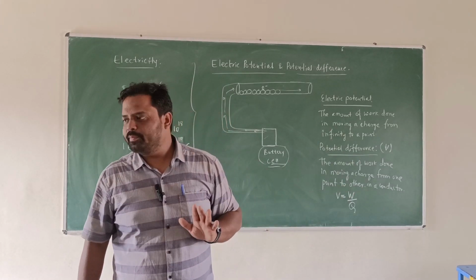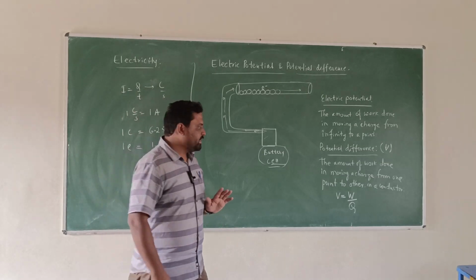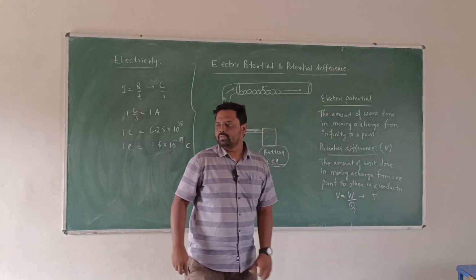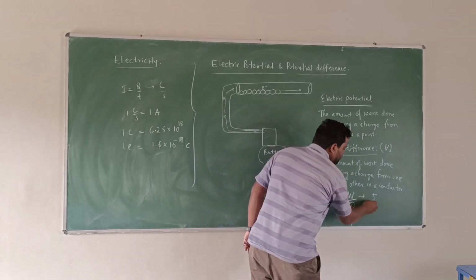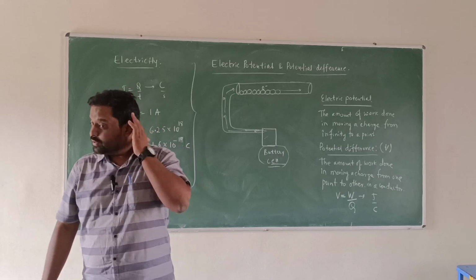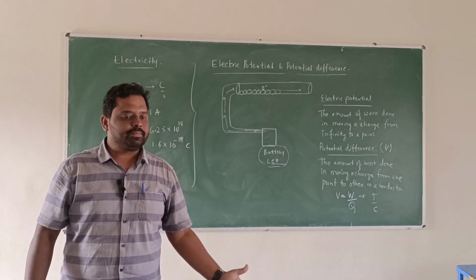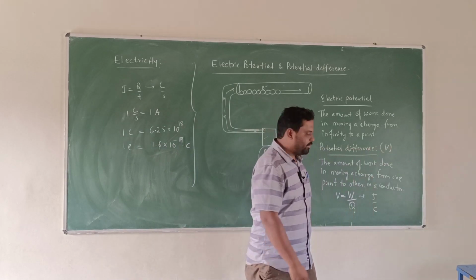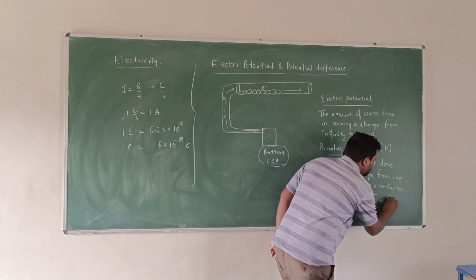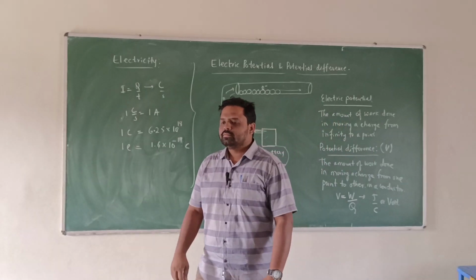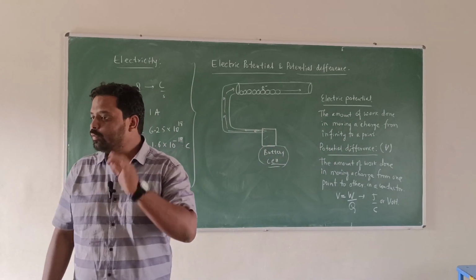Now tell me, what is the SI unit for potential difference then? Joules per coulomb. Right? So work is in joules, charge is in coulombs. Therefore potential difference is joules per coulomb, or it is also called by another name, volt.